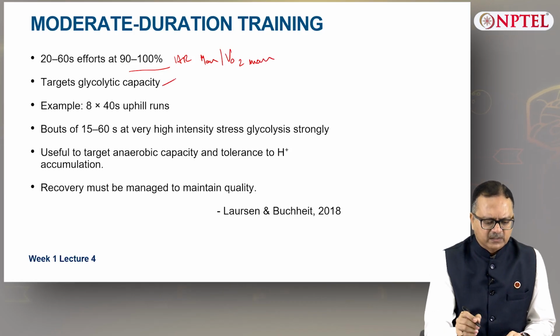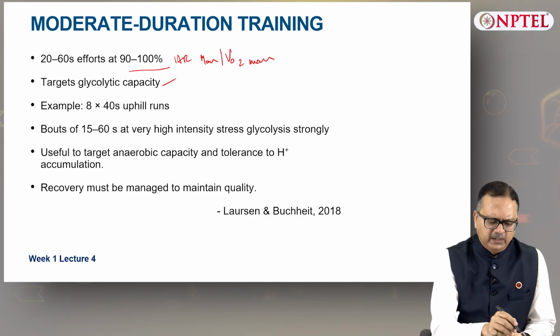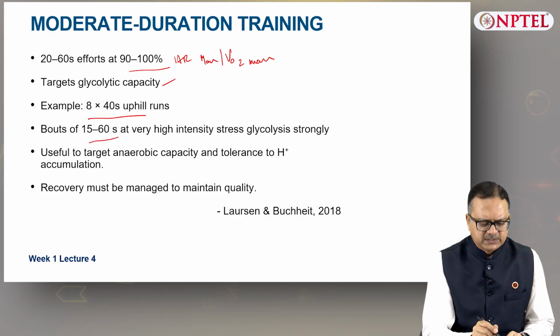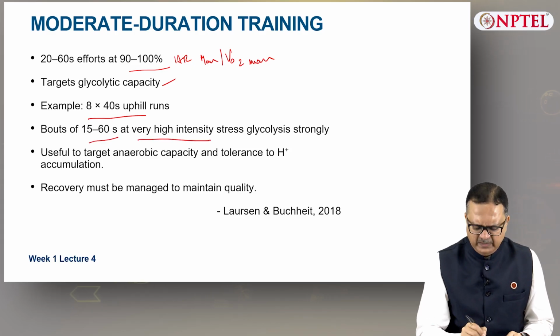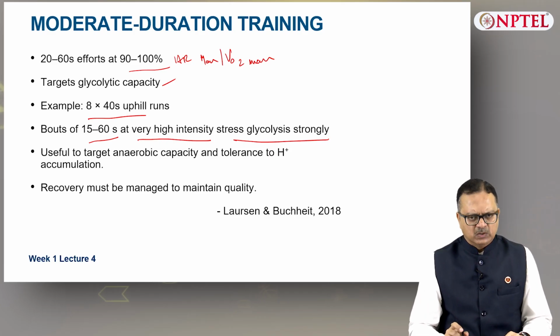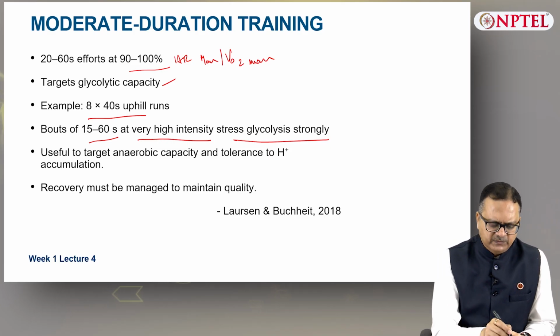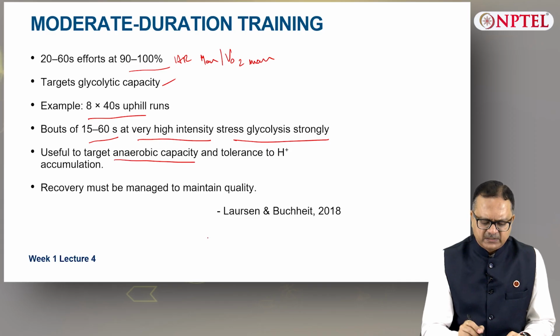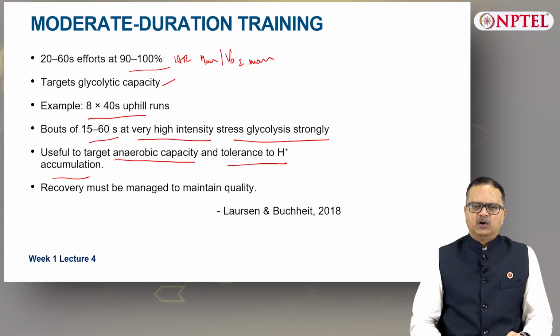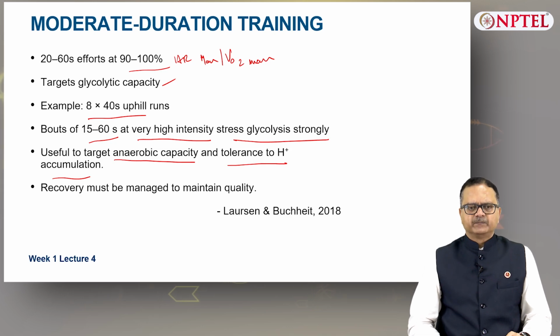Targets the glycolytic capacity, for example, 8 to 40 second uphill runs, or bouts of 15 to 60 seconds at very high intensity. This will stress the glycolytic system strongly, and it is useful to target anaerobic capacity and tolerance to hydrogen ion accumulation or acidosis.